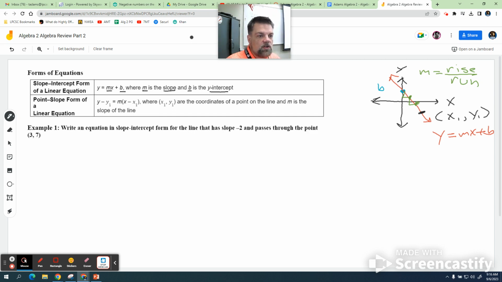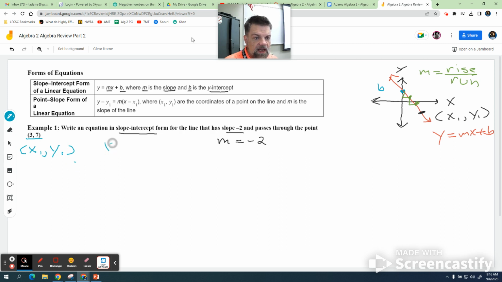That's what we're doing. So the question then is, write an equation in slope-intercept form that has a slope of -2. Well, we know slope equals m, and they told us the slope was -2. That passes through the point, this is our point, x sub 1, comma, y sub 1.